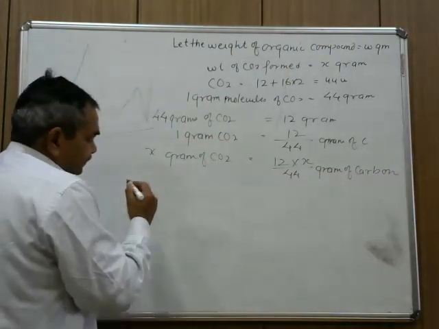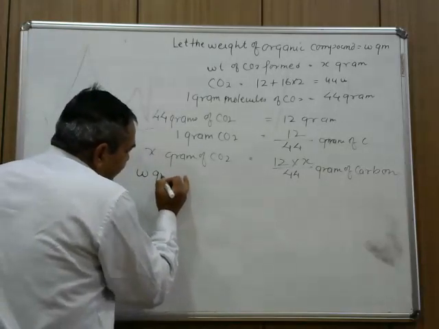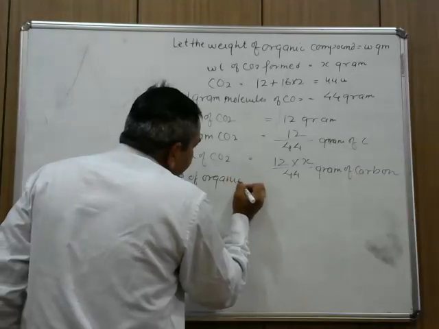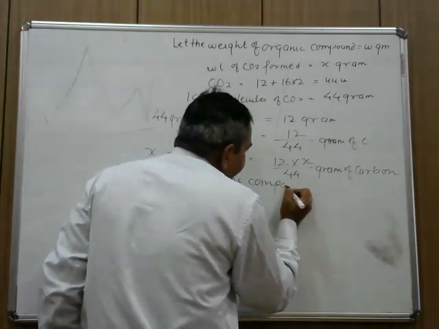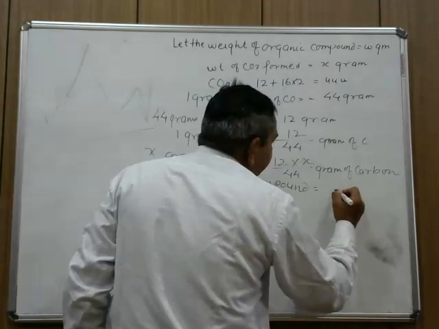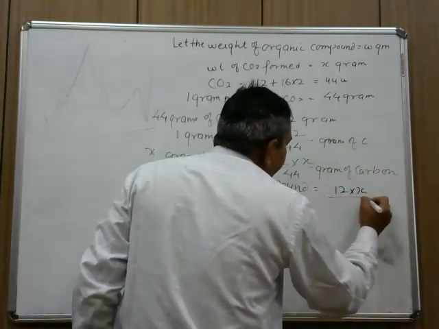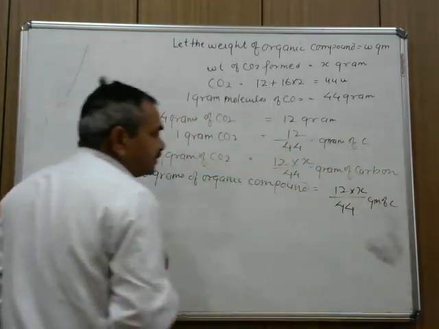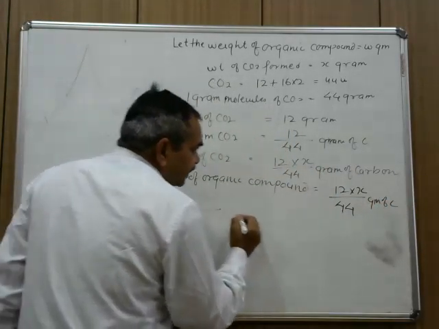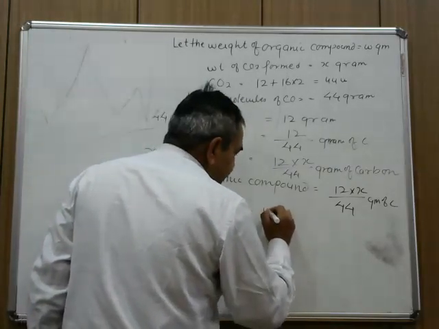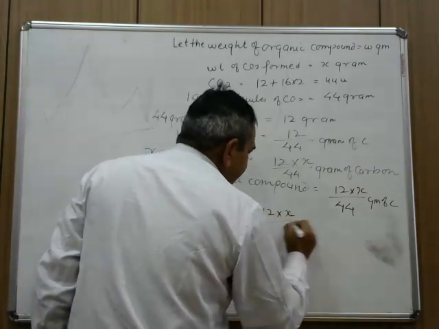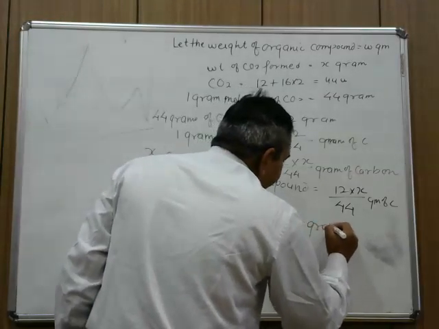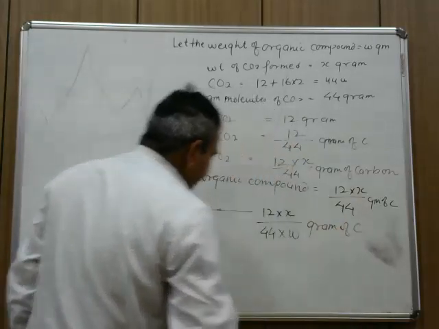So actually W grams of organic compound has 12 into x upon 44 grams of carbon. So 1 gram of organic compound will have 12 into x upon 44 into W gram of carbon.